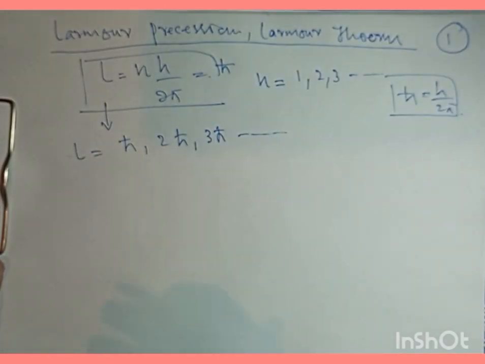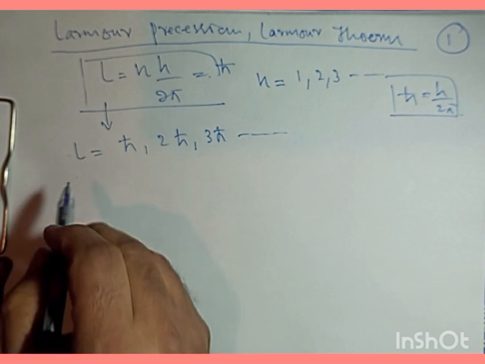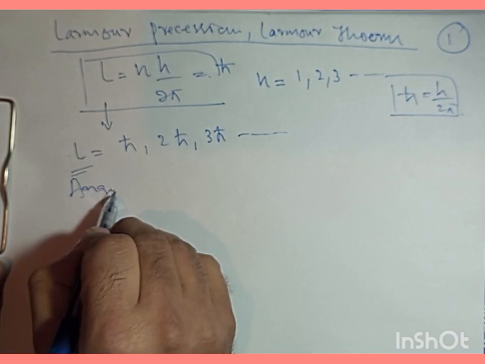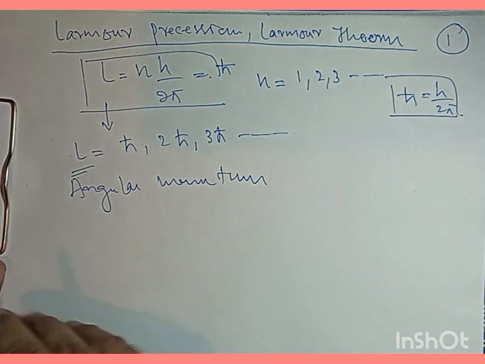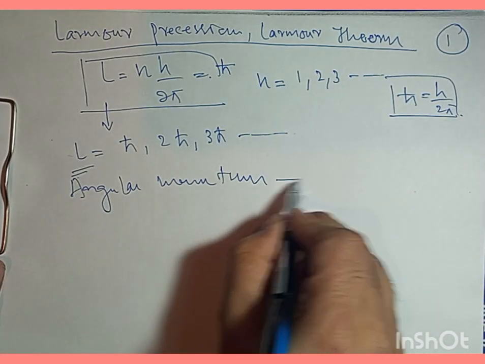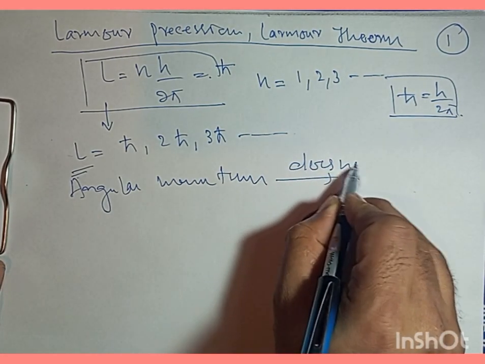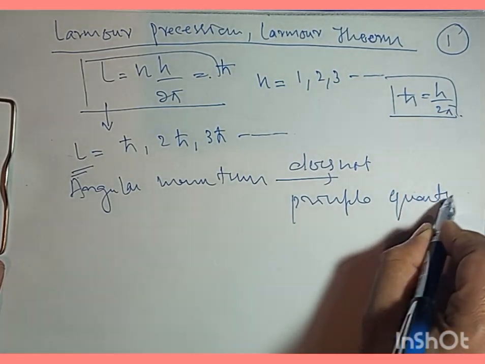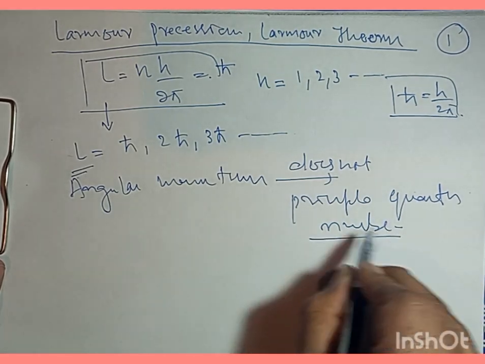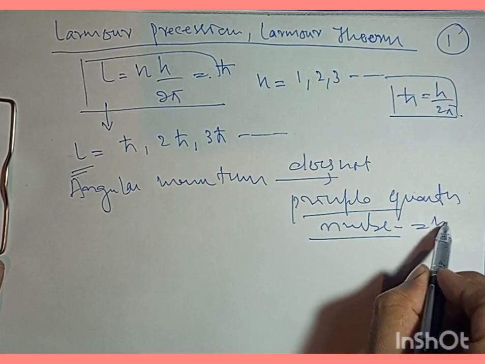But when we go into the domain of Schrodinger's picture, what is important in wave mechanics is that the angular momentum does not depend on the principal quantum number n.